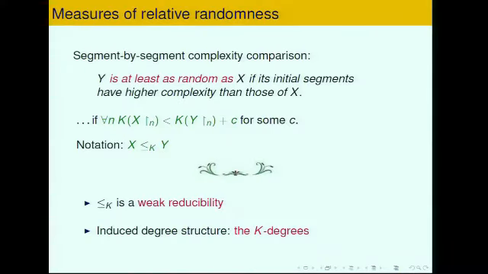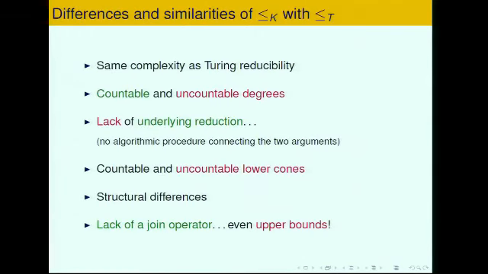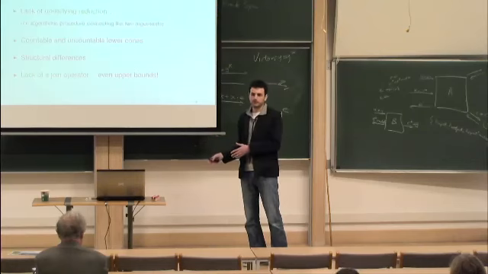And they induce a degree structure, the K degrees. So let's see some differences and similarities with, for example, Turing, but it applies to the other classical reducibilities too. Turing reducibility can be defined using three quantifiers. It's a sigma 3 reducibility: there exists, for all, there exists. So basically, you say that there exists a program such that for all arguments, the computation gives a certain thing.